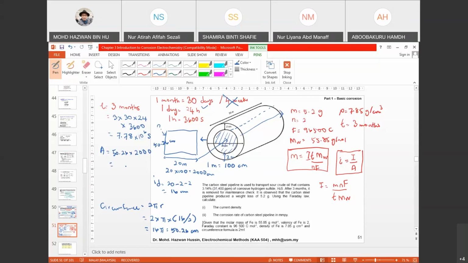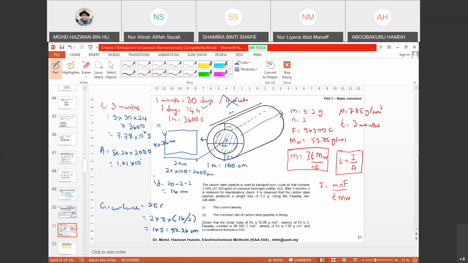What is the value? 1.01 times 10 to the power of 5.